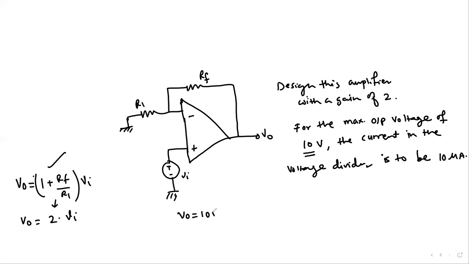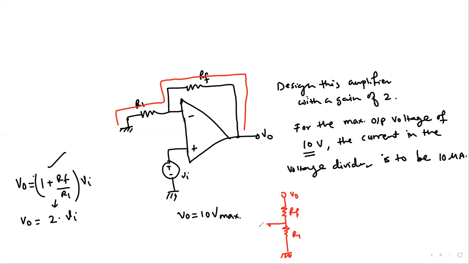And another, for the maximum 10 volt output, VO is given. VO is 10 volt max. The current through the voltage divider, if we see here, right over here, this is basically a voltage divider. So we can draw it here. Let's say this is VO, this is RF, this is grounded, and this is R1.